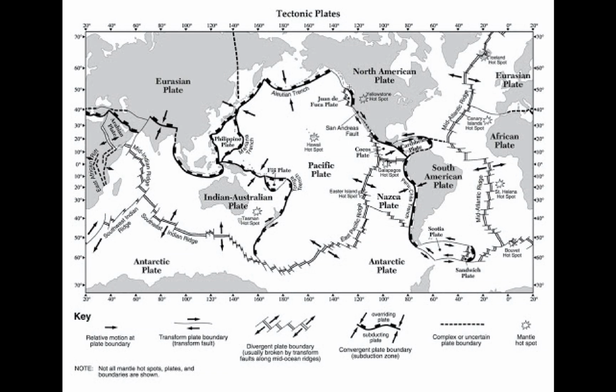Here at the Juan de Fuca, my favorite plate, there's a convergent subduction boundary all around the Pacific, except down here. Where the Nazca plate is subducting under the South American plate, there's some subduction. Down here the Sandwich plate interacts with the South American plate. There's a whole bunch of places where there are convergent subduction boundaries.